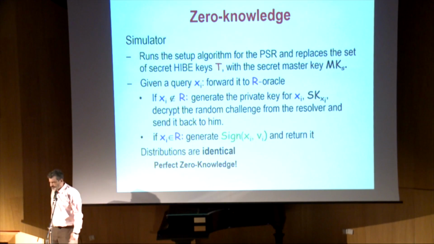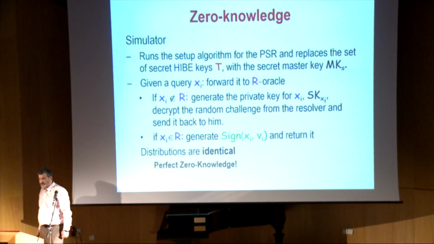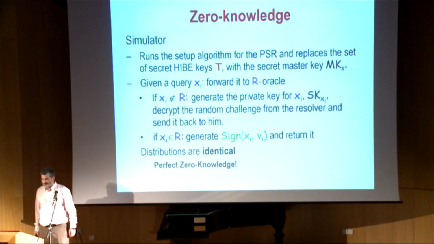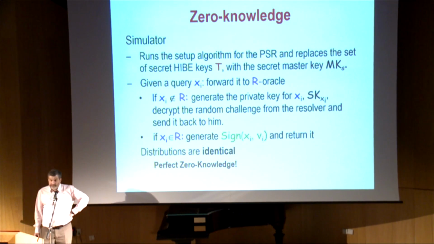No, exactly. Otherwise, if I could sign all the non-members, I would. Exactly, non-members. Okay, so what I claim is that the distributions that we get are identical.